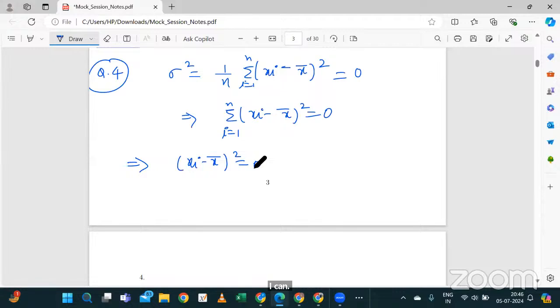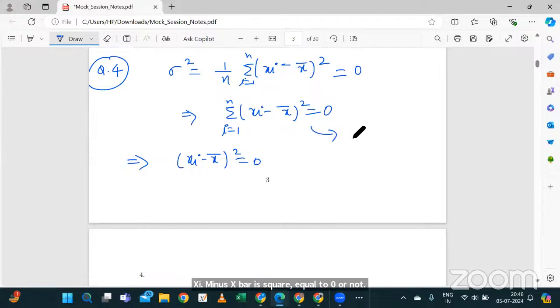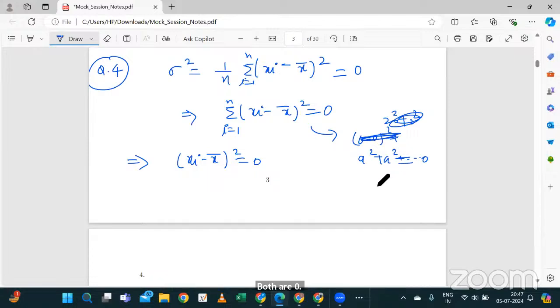Correct. If a summation of all the squares is 0, that means what? Each (xi minus x bar) square equals 0. Suppose a square plus a square is 0. That means both are 0, yes or no? Because if you put any negative value, it will be positive, right?